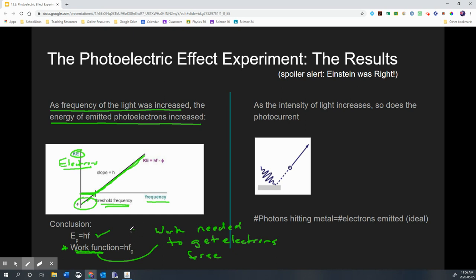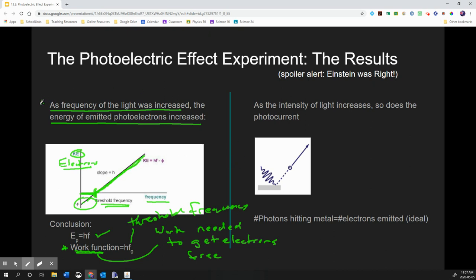And the work function, if you understand this graph, go back and look, can be found if you multiply Planck's constant times the threshold frequency. So this f naught is referred to as the threshold frequency, and the threshold frequency allows us to find the minimum amount of work, the minimum amount of energy we need to put into a metal surface just to free the electrons. After that, not only do we free the electrons, we also get a bunch of kinetic energy out of them.